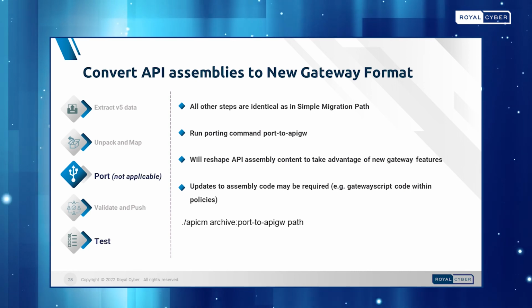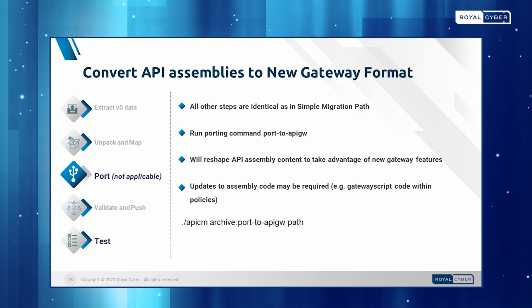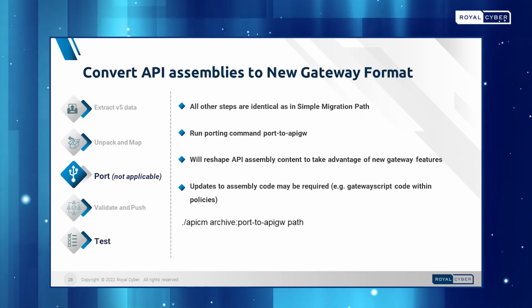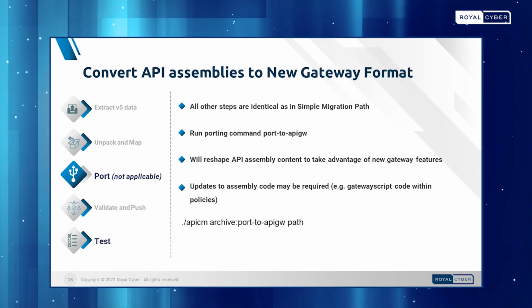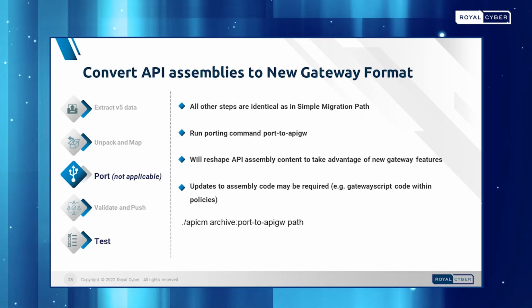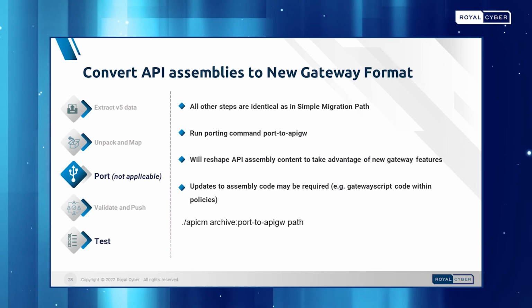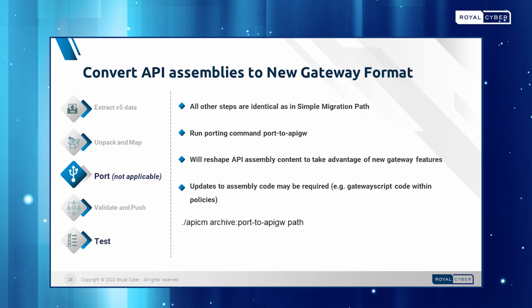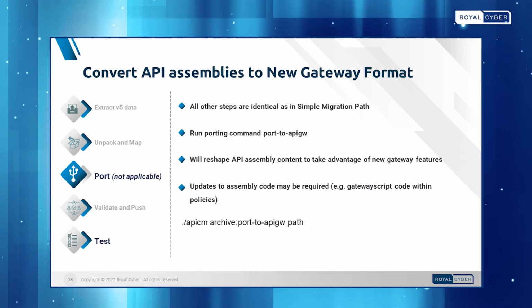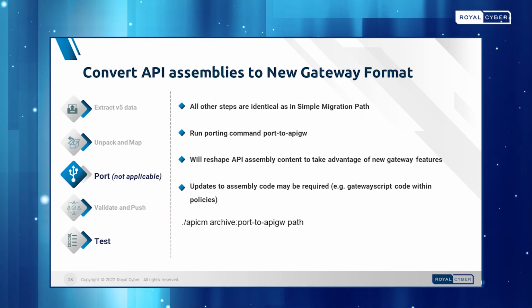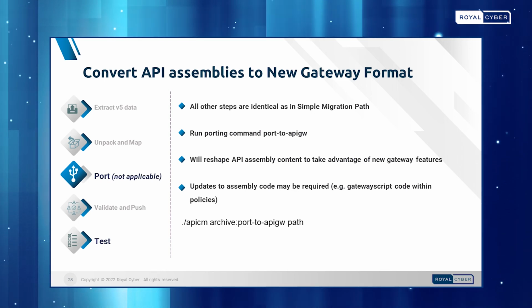Within AMU, there's a command line utility called the port-to-apigw command. This is a command within the AMU that converts all your APIs, products, subscriptions, OAuth, and custom policies into V10 native API gateway artifacts. We will look at an example in my next slide.